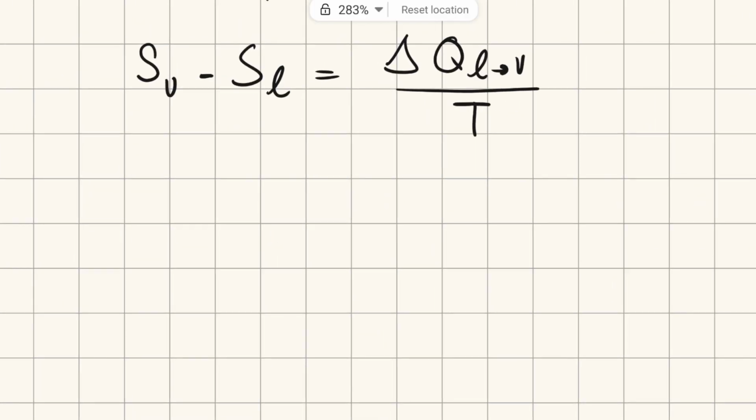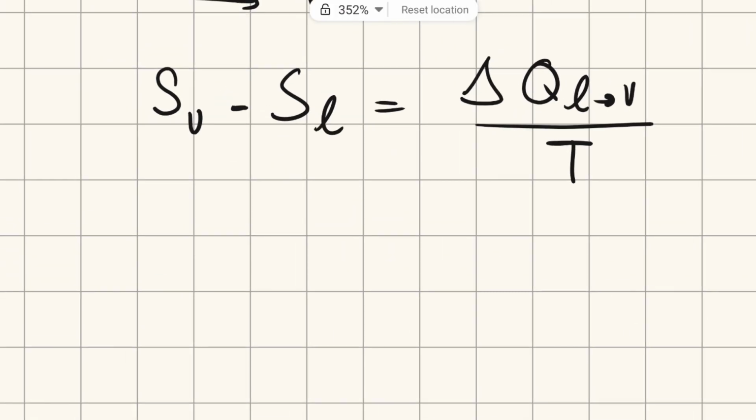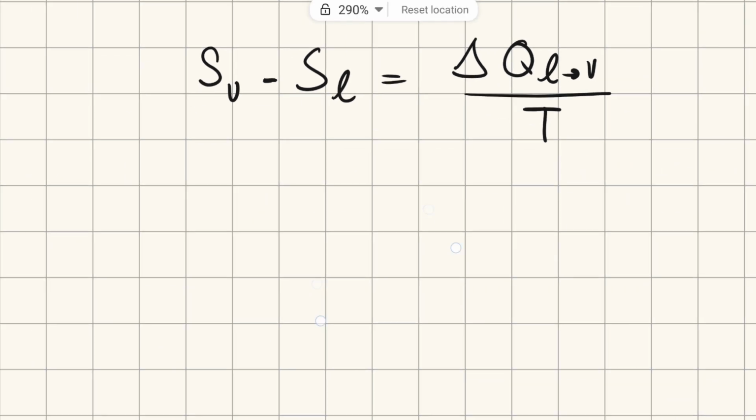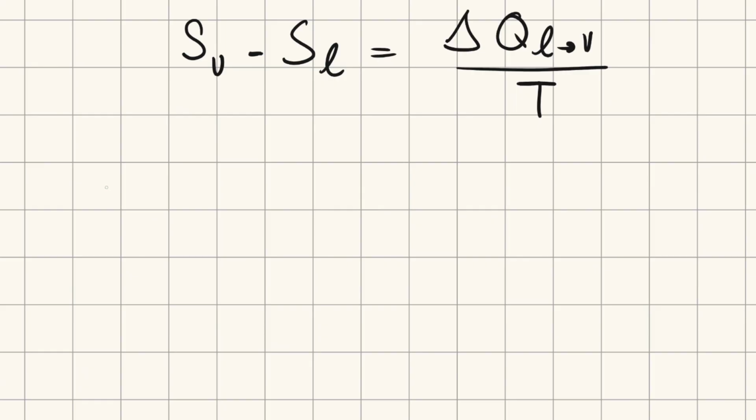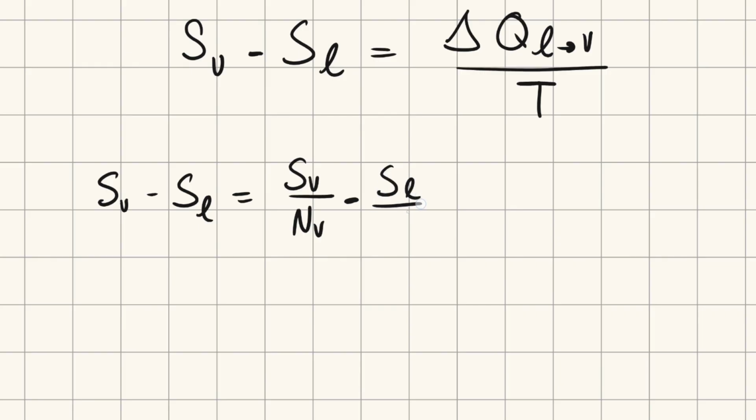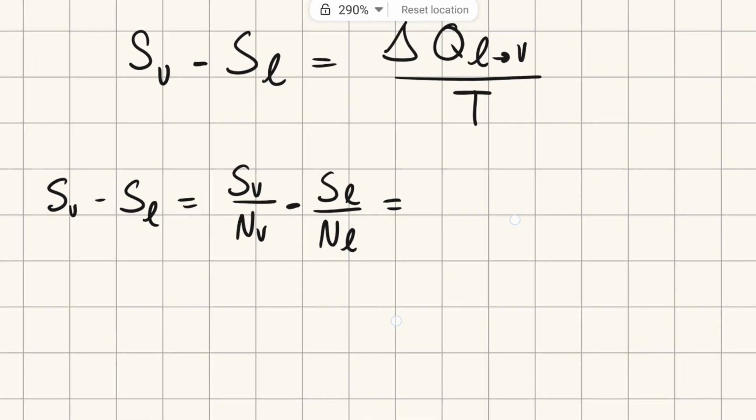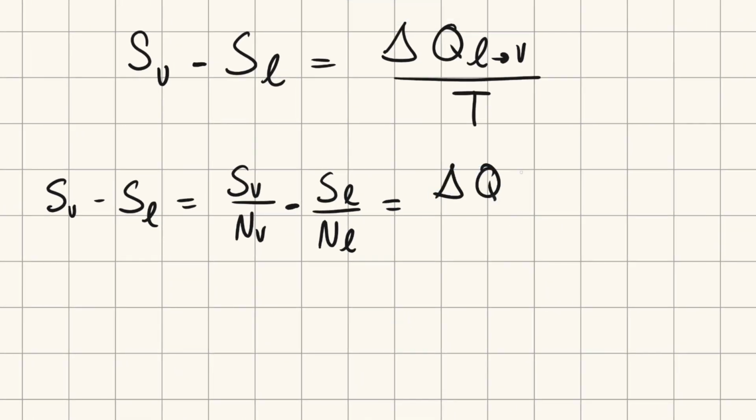But you should recall that the Clausius relation for the entropy is considering the capital S. So we can set the difference of the little s_V minus little s_L to be equal to S_V divided by N_V minus S_L divided by N_L, and we set this equal to an amount of heat that goes from the liquid to the vapor, divided by the temperature.